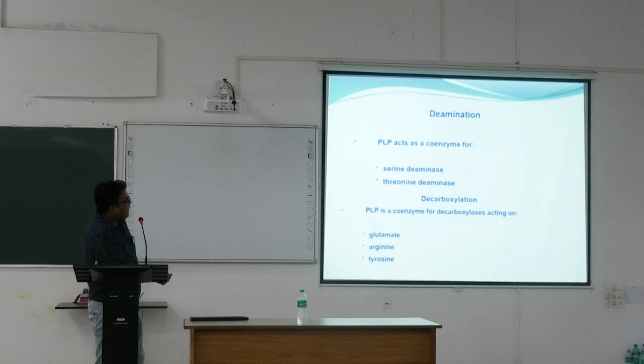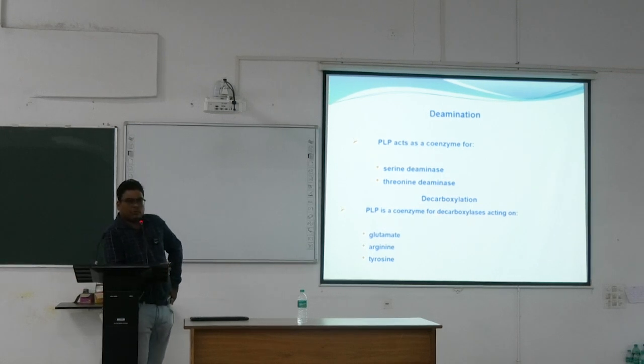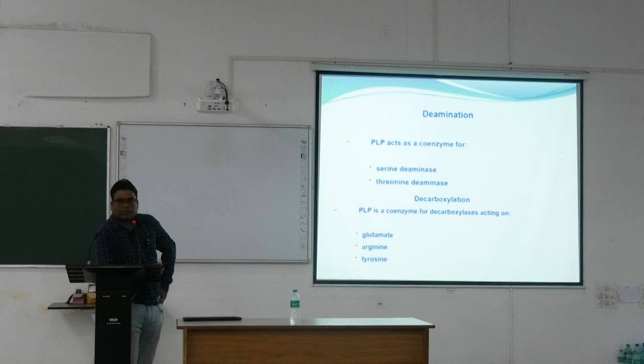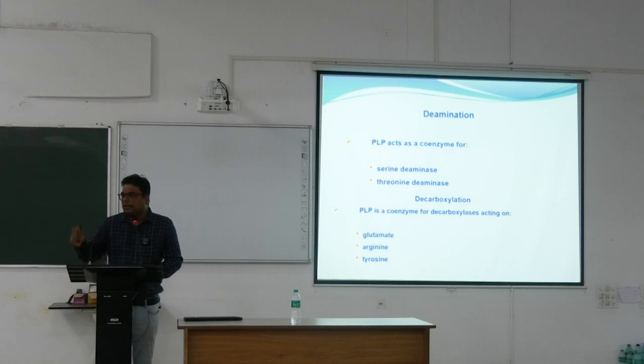Like deamination, PLP acts as a coenzyme for serine deaminase and threonine deaminase, and in decarboxylation reactions. I am not going into detail about deamination or decarboxylation. This coenzymatic form directly participates in these reactions, acting as a coenzyme.